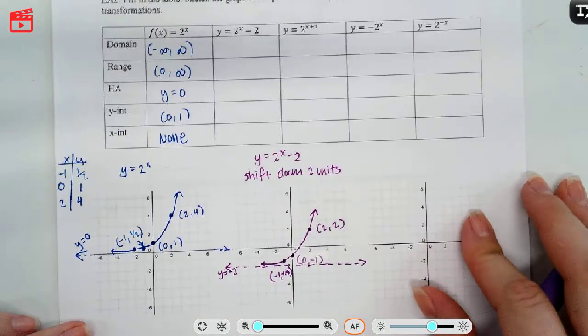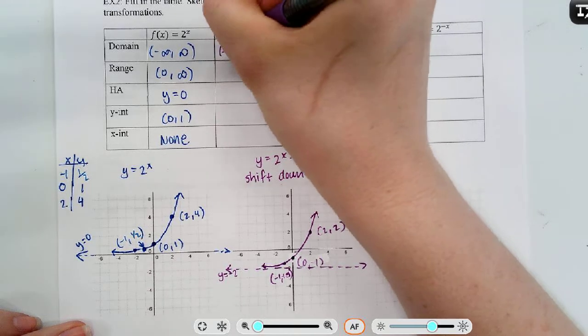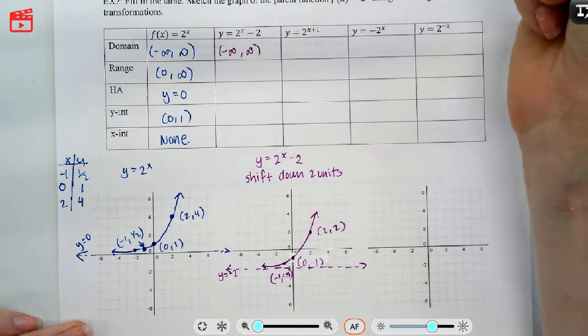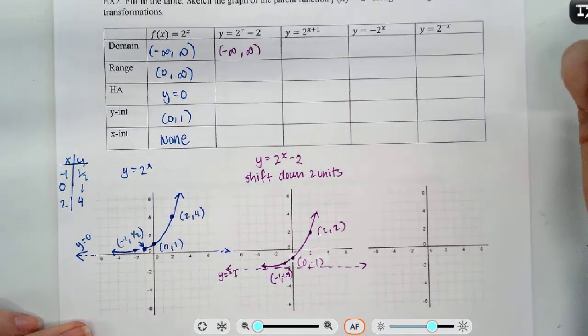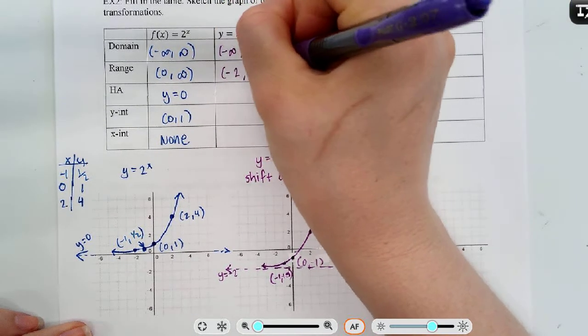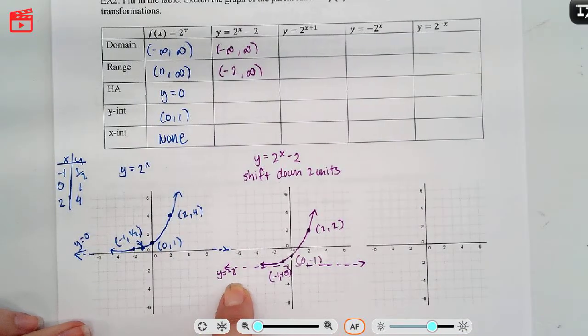So what's our domain? Well, it's still -infinity to +infinity, but this time our range has changed. It goes from -2 to infinity because we shifted down 2 units. Our horizontal asymptote got shifted. It's y equals -2.